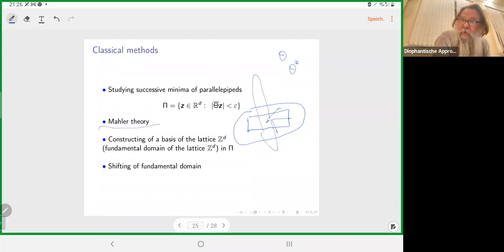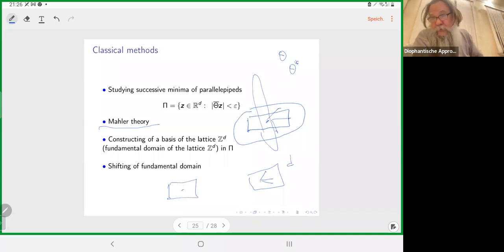Mahler's theory. But if we manage to construct a parallelepiped with the maximal number of integer points, then it contains a fundamental domain of a lattice. And it is a very powerful parallelepiped, because if you shift it anywhere, it will catch an integer point.